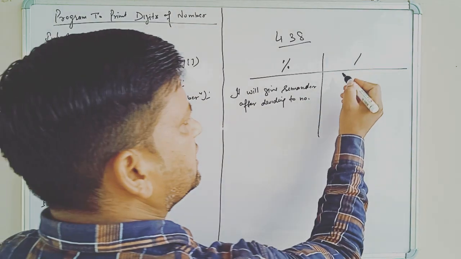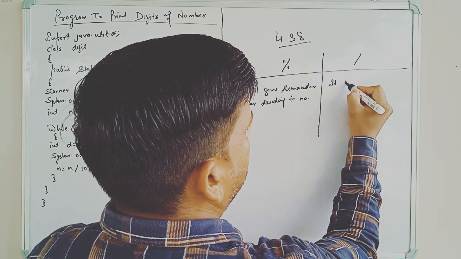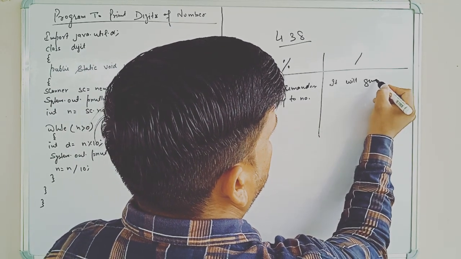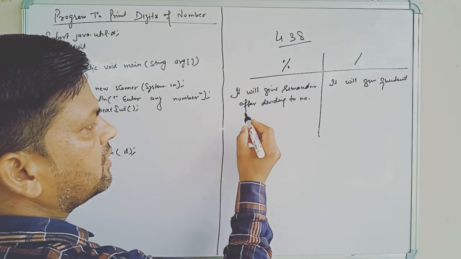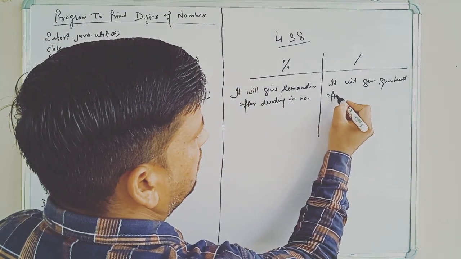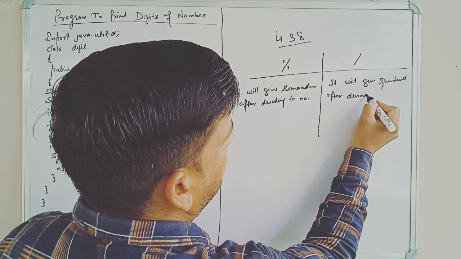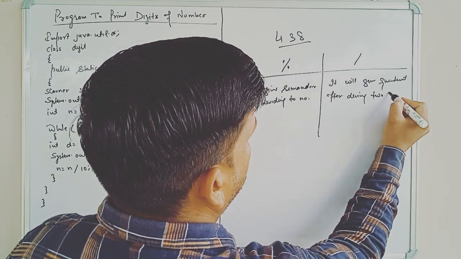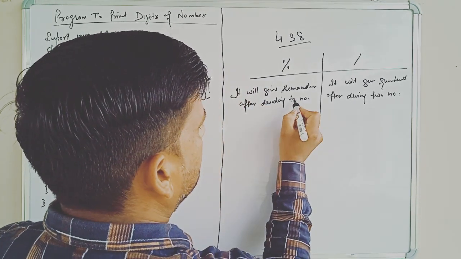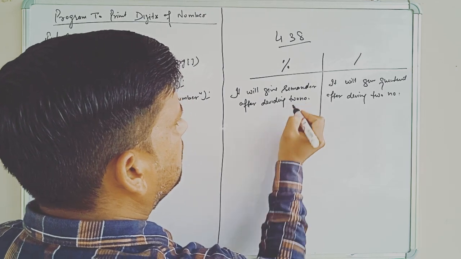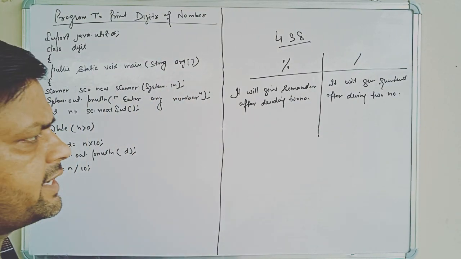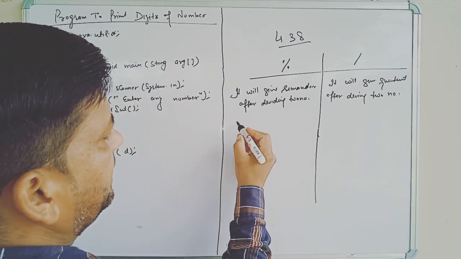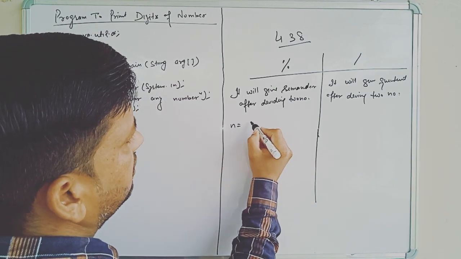But division will give the quotient after dividing two numbers.